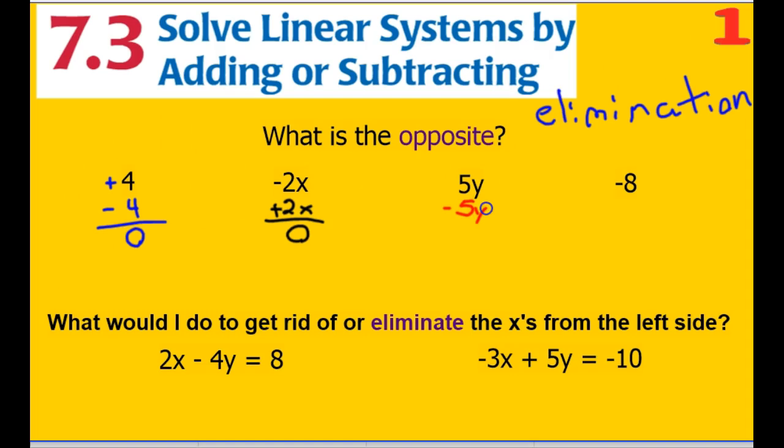Negative 5y is the opposite of positive 5y. 5y minus 5y gives us 0. Just like over here, what's the opposite of negative 8? Positive 8. Negative 8 plus 8 gives us 0. So, we are eliminating our numbers by finding the opposite of them. We're finding the 0.